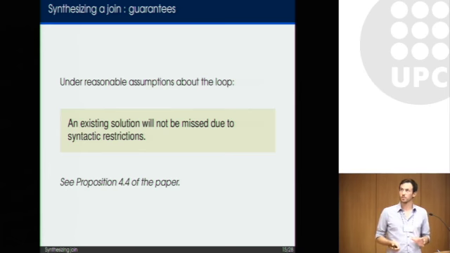And these reasonable assumptions are, intuitively, that we can build a summary of the function we are trying to parallelize that has a limited length. So for example, if you want to build a summary of the sum function, you just need to build an array with the sum of the whole array in one cell.